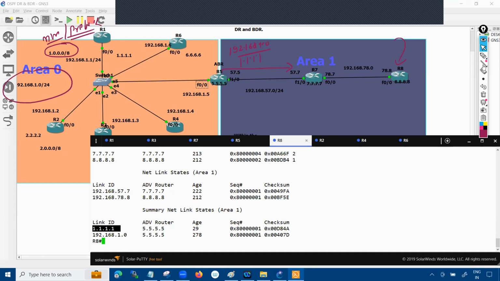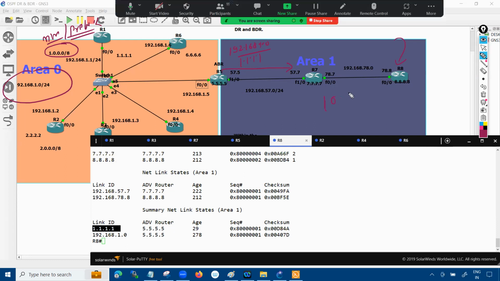If you have 10 networks in area 1, or we can say 10 routes, then router 5 is going to advertise 10 summary LSAs. If area 0 has 30 networks, or we can call it 30 routes, then R5 is going to advertise 30 summary LSAs to area number 1.